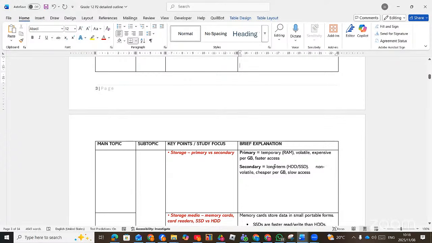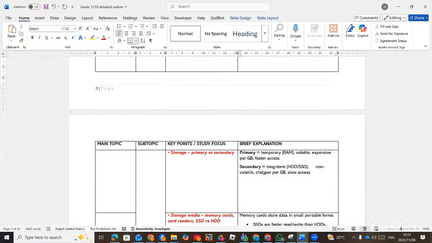Permanent or long term. This one is volatile, meaning they lose the content when the power goes off. For instance, like I'm doing my work right now, if I don't save this one, they are kept on the RAM. The moment I save it, they are kept on the storage. So when the power goes off and my computer doesn't have backup, I will lose that content.